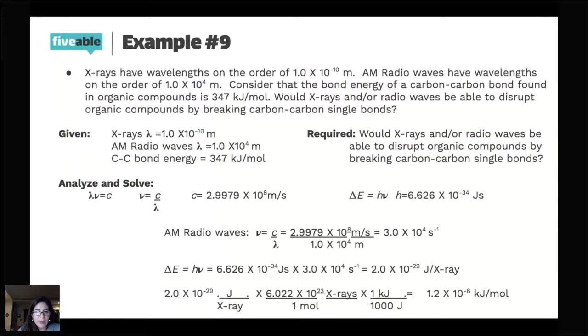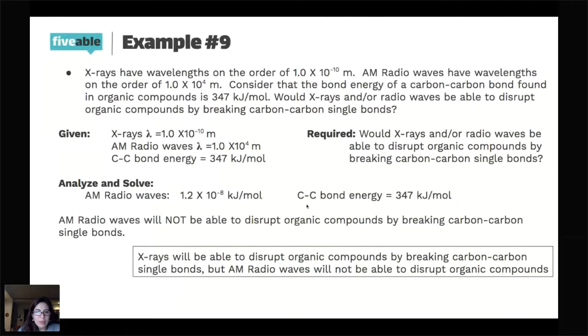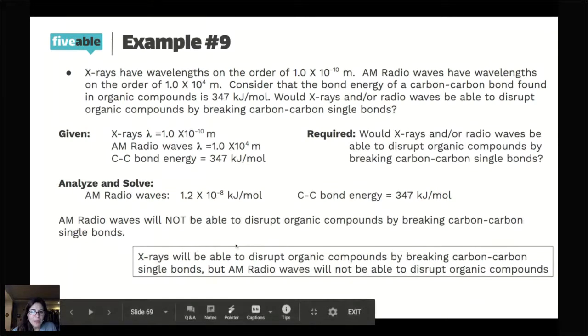When we compare, this one is much, much smaller than the energy needed to break a carbon-to-carbon bond. So AM radio waves will not be able to disrupt organic compounds by breaking carbon-to-carbon single bonds. The final conclusion is that X-rays will be able to disrupt organic compounds, but AM radio waves will not.